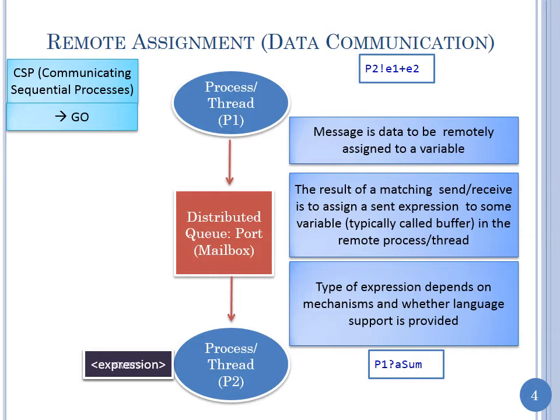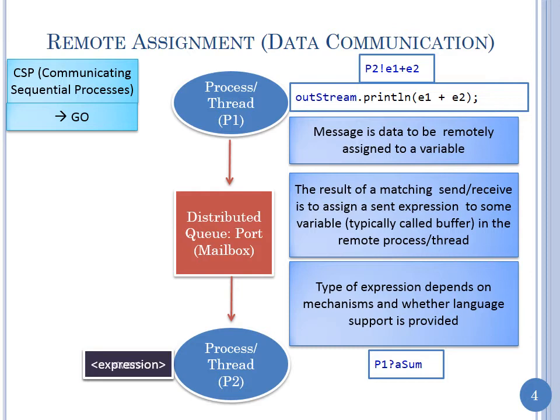Okay? But the general idea is that you have expressions being assigned to variables. And the same concept arises in sockets, whether they're provided directly in Unix or through Java. So in Java, you can say outstream.println E1 plus E2, where outstream is connected to some socket.